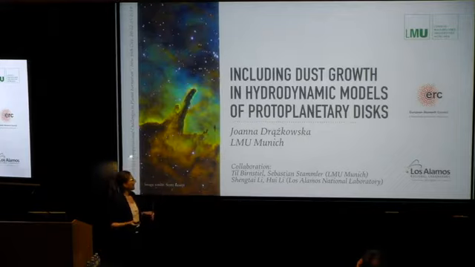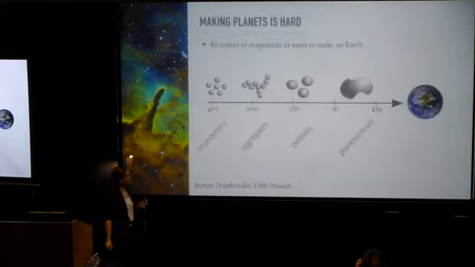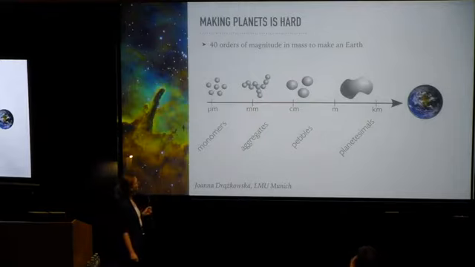But I thought it would be nice to start with this classic Dullemond plot, since no one showed that at this conference yet, and this is a must-have for every planet formation conference, I think.